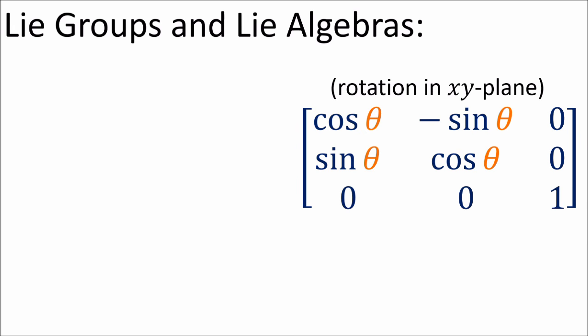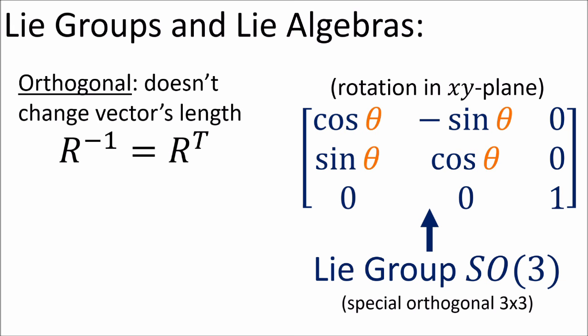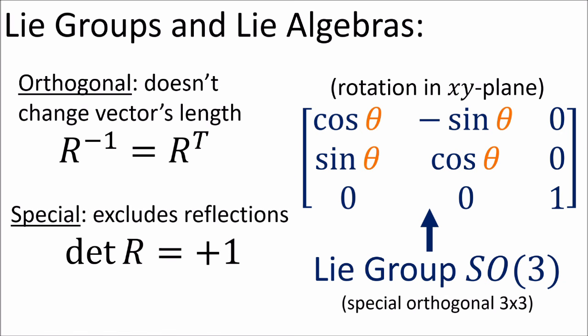This 3x3 matrix here gives us a rotation in the xy plane by an angle theta. This matrix is a member of the Lie group SO(3), the special orthogonal 3x3 matrices, which do rotations in 3D. Orthogonal means the matrix's inverse is its transpose, and special means the matrix determinant is +1.